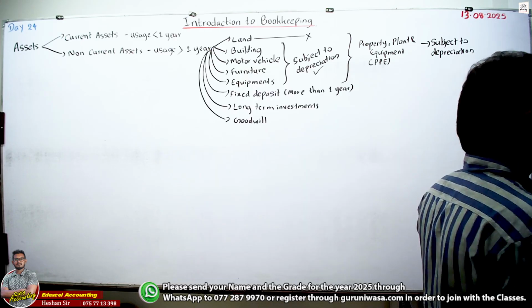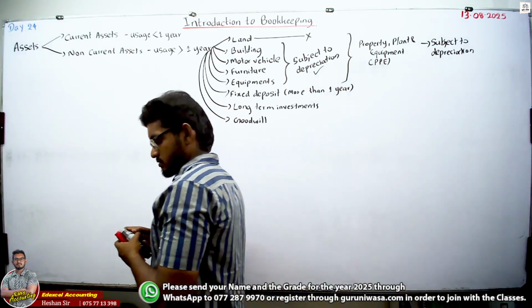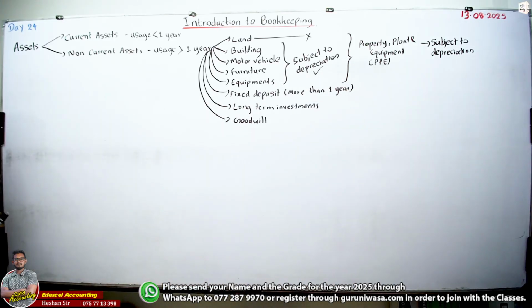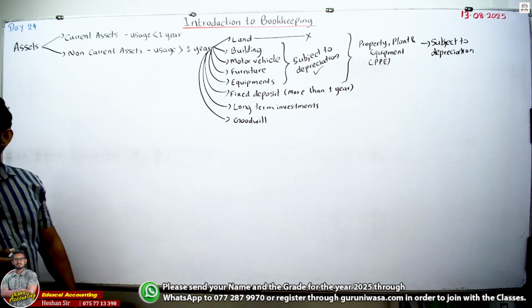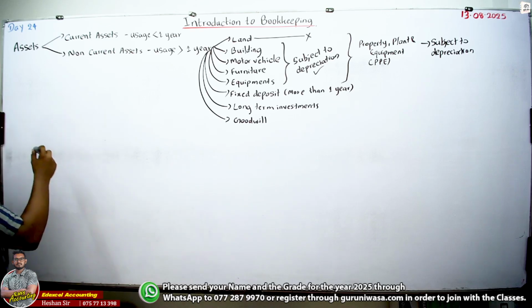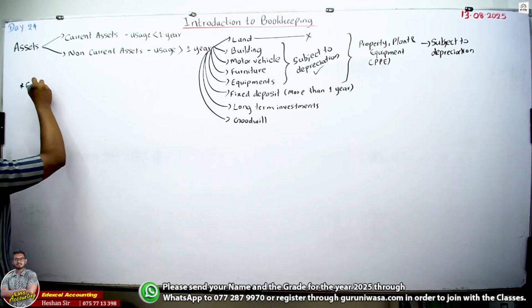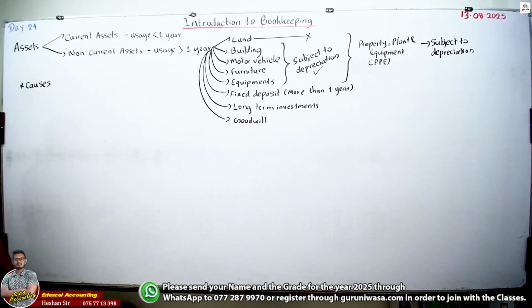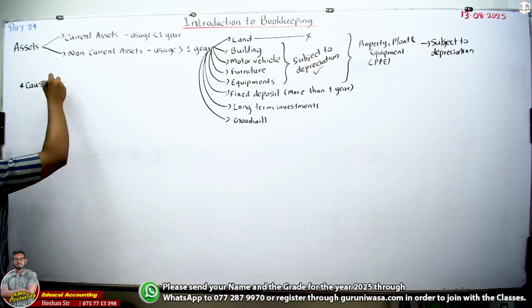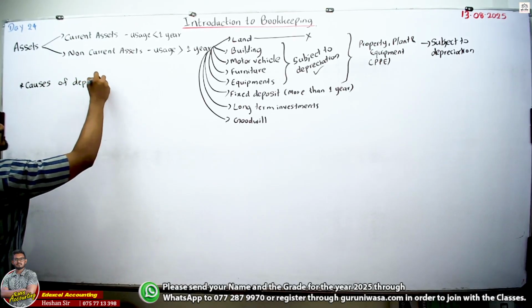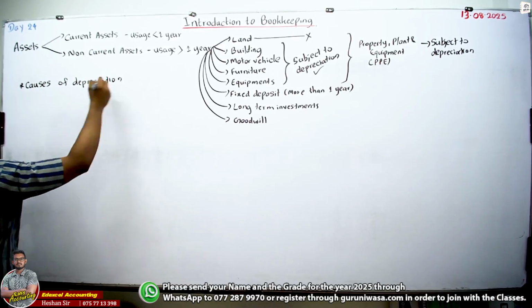Let's write it like this. Causes of depreciation. There are two things.